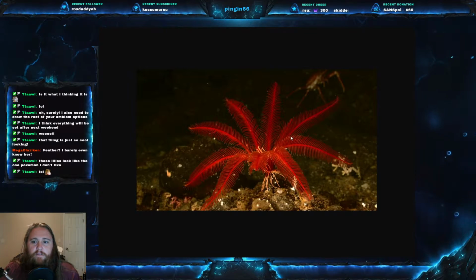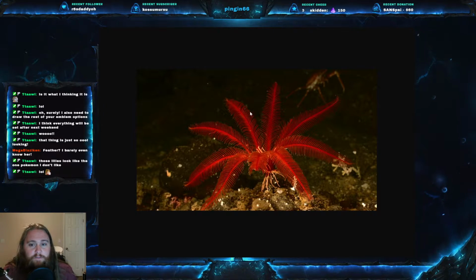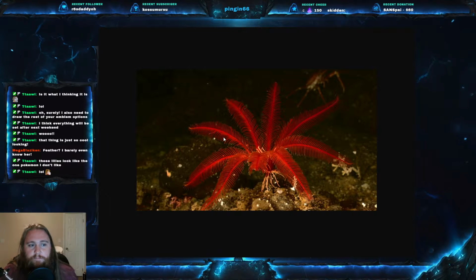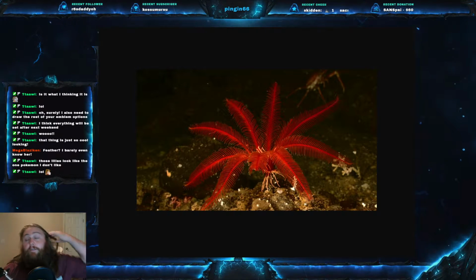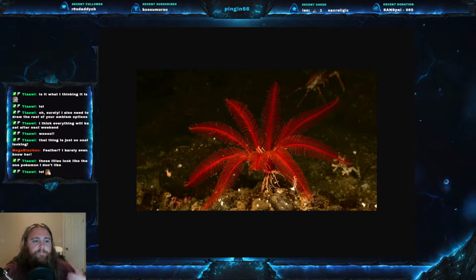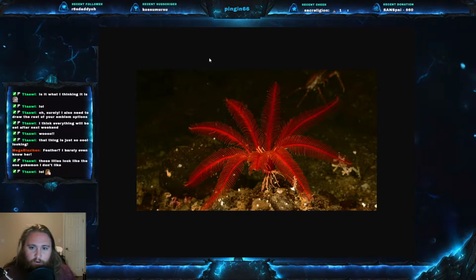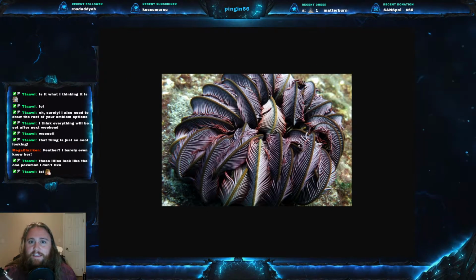Now, it's important to note that these are not actual feathers. These are pinnules. These things are actively moving. They're floating in the current. We'll get into a little bit more about it further.